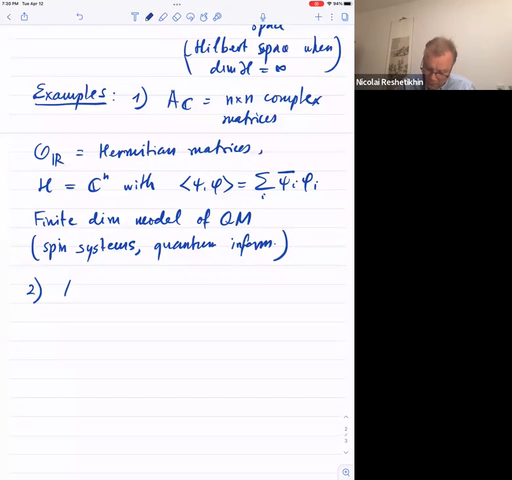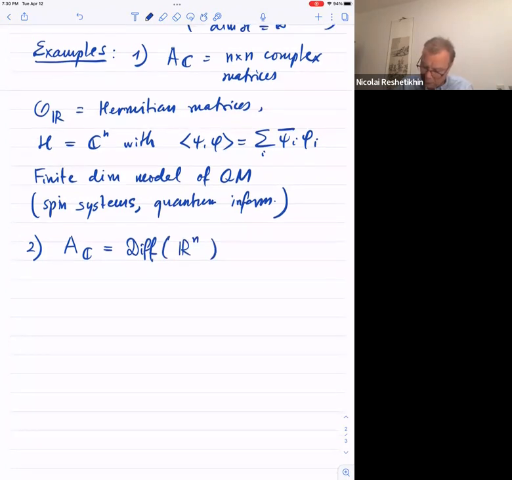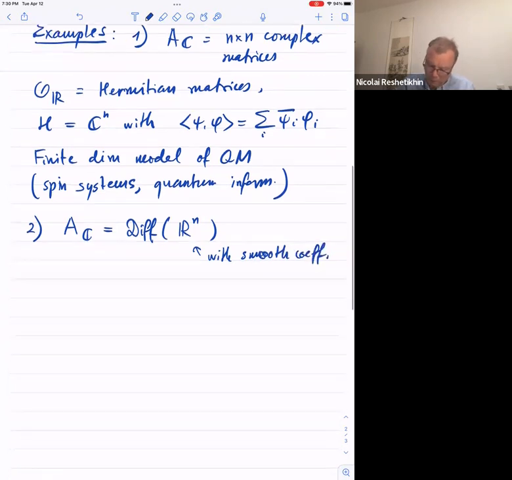The second example is when the algebra of observables are differential operators, say on Rn, with smooth coefficients. In this case, the observables are formally self-adjoint operators.